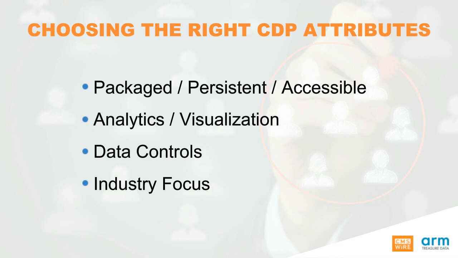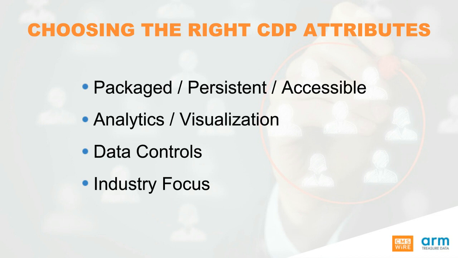You can't have data that's dumped. That data needs to be persistent, right? So CDPs will contain personal identifiers, and they capture data, make sure that data is persistent, and keep all that data indefinitely. That persistence of data allows you to understand a user over time, as opposed to a DMP, which may dump that data quickly.